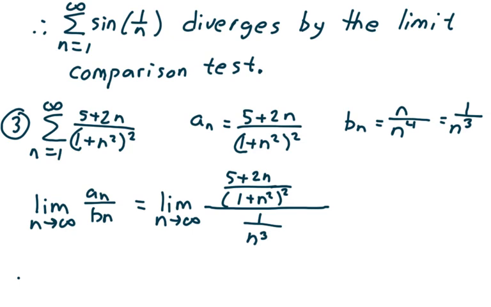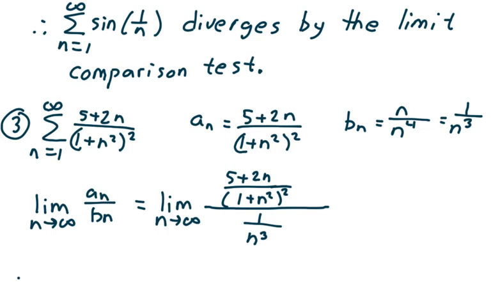Example 3. Suppose we have the summation from n equals 1 to infinity of (5 plus 2n) over (1 plus n squared) squared. So I'm going to let a sub n equal (5 plus 2n) over (1 plus n squared) squared. So b sub n is n over n to the fourth. That's my candidate, okay? And if I simplify that, I get 1 over n cubed.